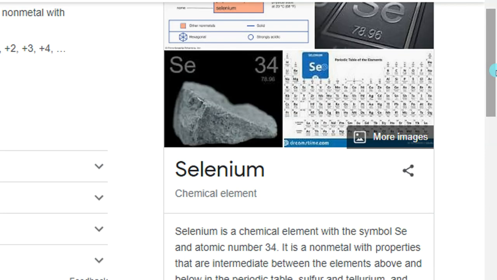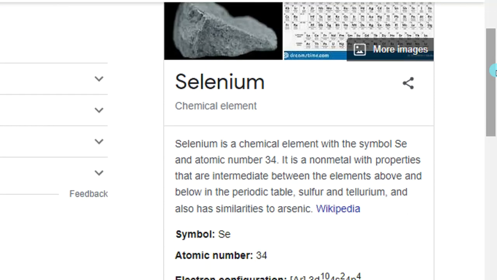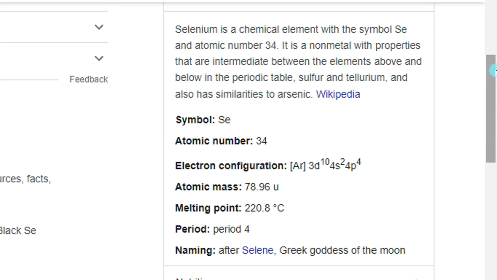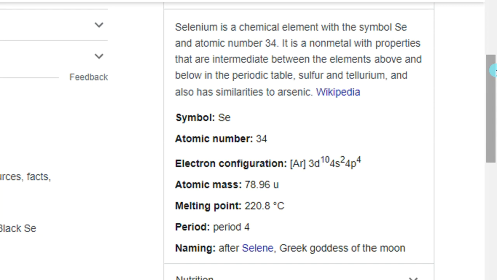So selenium is a chemical element with the symbol Se and atomic number 34. It is a non-metal with properties that are intermediate between the elements above and below in the periodic table, sulfur and tellurium, and it also has similarities to arsenic. So whenever it comes to arsenic, selenium will be connected with that.